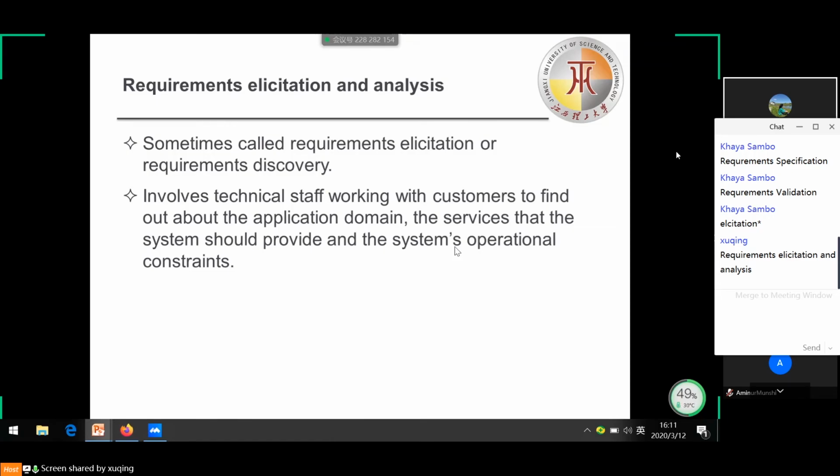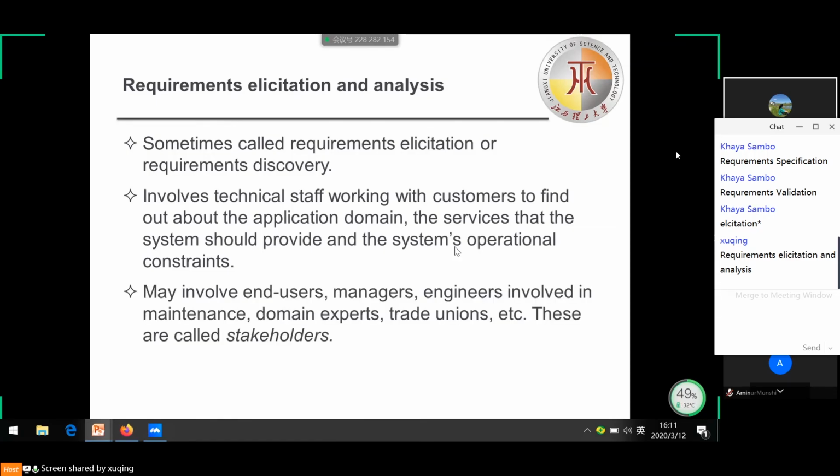So we see that in this stage, requirements elicitation and analysis may involve a variety of different kinds of people in an organization. We can have end users, managers, engineers involved in maintenance, domain experts, trade unions, etc. And these people we can call stakeholders.